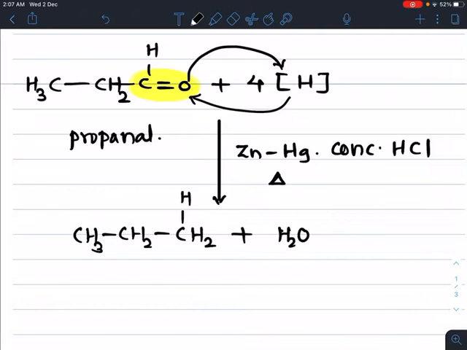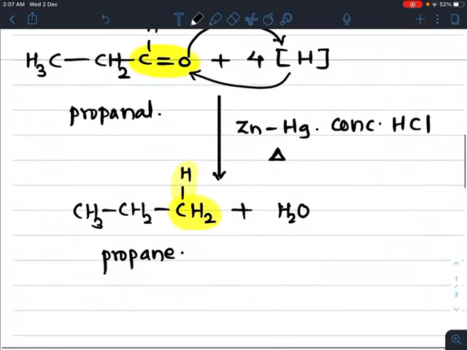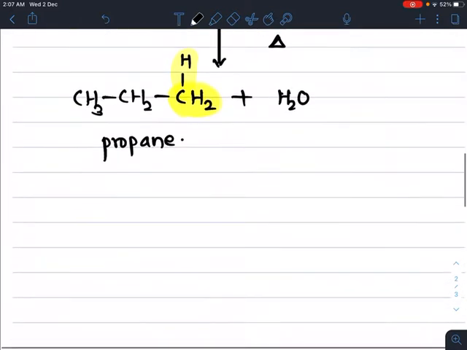So if you observe, this CO group is converted into CH2 group, and therefore this reaction is called reduction, addition of hydrogen. The name of this alkane is propane. So from propanal we get propane, from butanal we get butane.